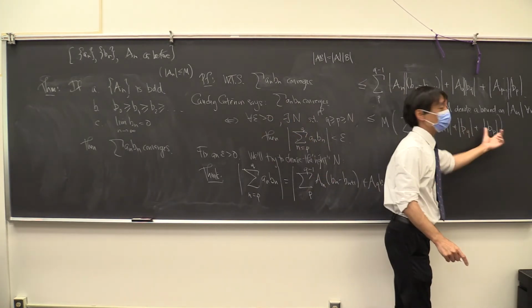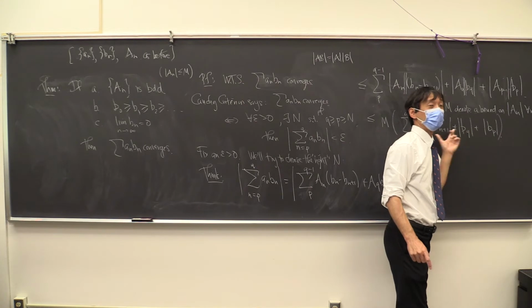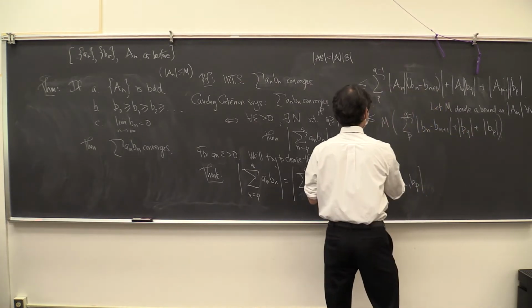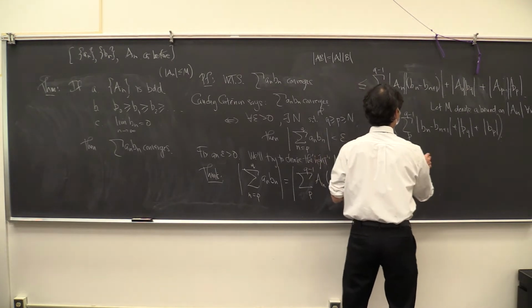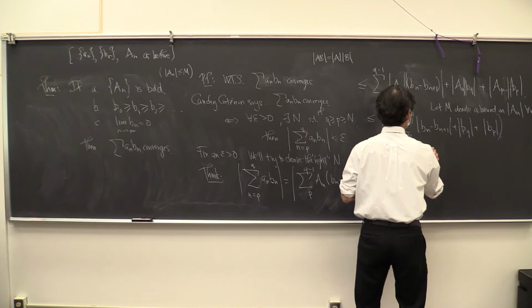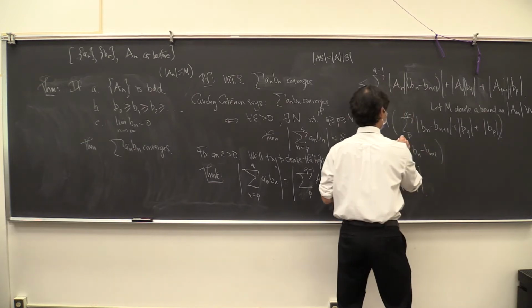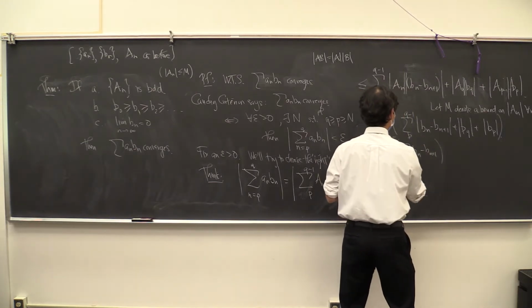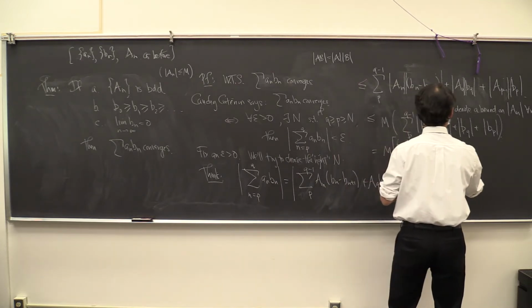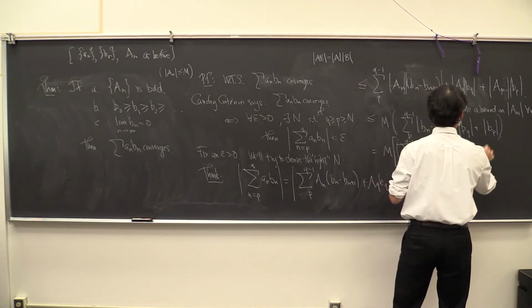So I can get rid of the absolute values everywhere. All these things in the absolute value are positive. So I get m times the summation of b sub n minus b sub n plus 1, from p to q minus 1, and I also have a b sub q, and I have a b sub p.